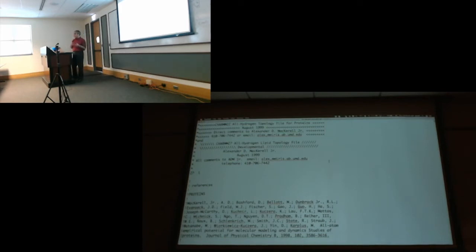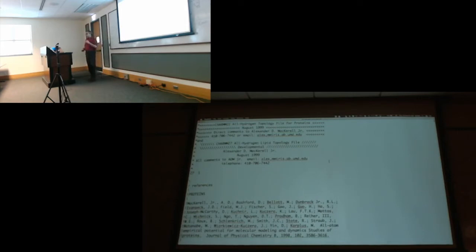So before going through this tedious process, you can check their so-called stream file and see if other people have done this. These files are maintained by him. And with every version of CHARMM, there might be some additions because people go back and change these model compounds.